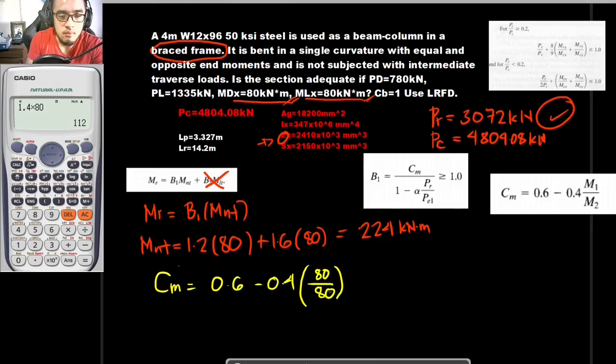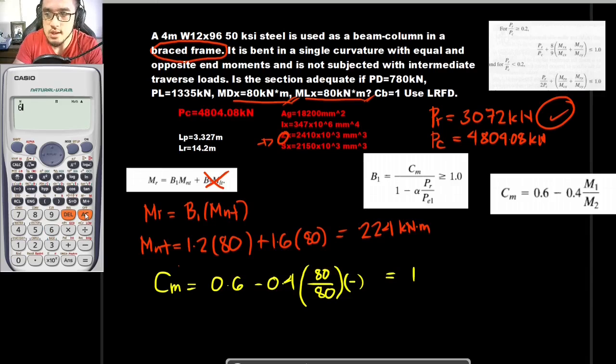So pwedeng positive, negative yan, or pwedeng baliktad, negative, positive. Basta ang importante, the whole of this is equal to negative. So negative yan. And solving for this, 0.6 minus 0.4 times negative 1, that is to be equal to 1. Kung ayaw maniwala, calculator natin.